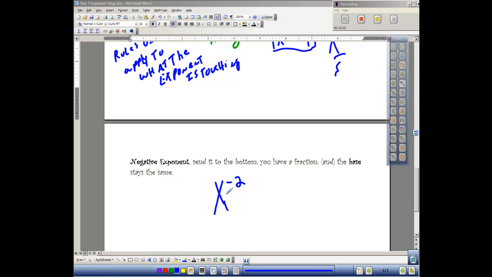When I send it to the bottom, this whole thing has to go. So that's going to equal x squared over 1, and I change the sign.